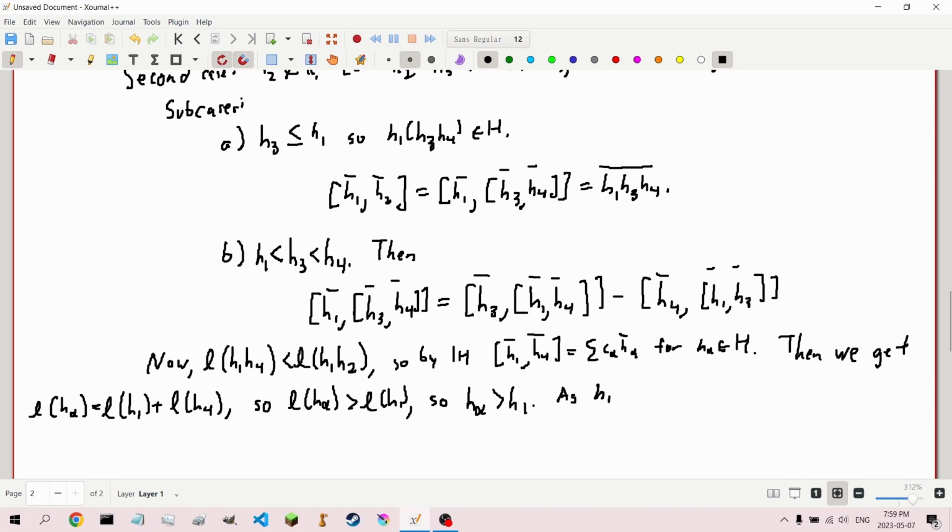As H1 is also less than H3, the infimum of H3 and H alpha is less than H1, which is the infimum of H1 and H2.